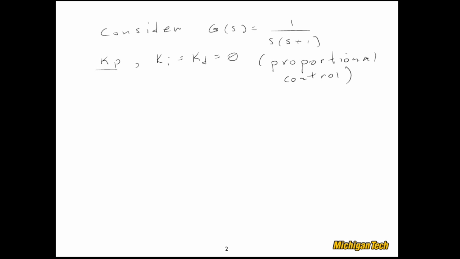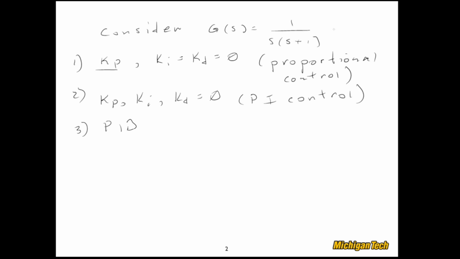And then we'll go ahead and look at a PI control. So that's where we'll have a Kp and a Ki, but we'll go ahead and set Kd equal to 0. So that's a PI. Pretty popular. And then we'll go ahead and look at the whole PID controller, where all of the terms are non-zero. So we'll just call this 1, 2, and then 3 is the full-up PID.